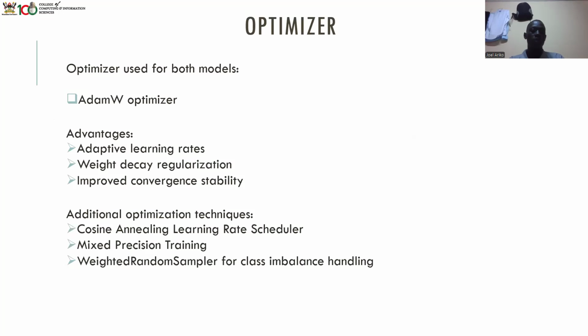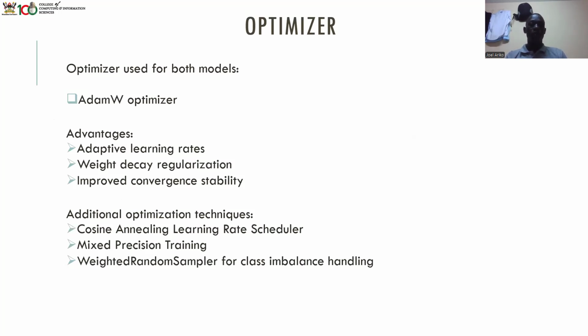Then we have mixed precision training. This is a technique where computations use both half-precision and full-precision floating point numbers during training. It is good because it helps reduce GPU memory usage, and it also speeds up training because lower precision computations are faster.